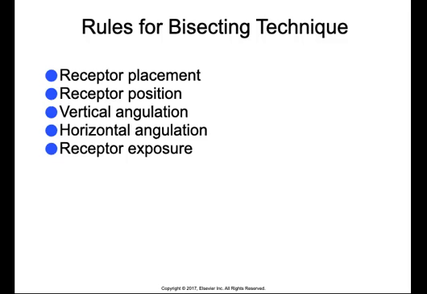With receptor exposure, the X-ray beam must be centered on the receptor to make sure that all the areas of the receptor are exposed. If this isn't done correctly, the X-ray beam results in a partial image or a cone cut. So foreshortening occurs when there is excessive vertical angulation. Elongation occurs when there is insufficient or not enough vertical angulation.